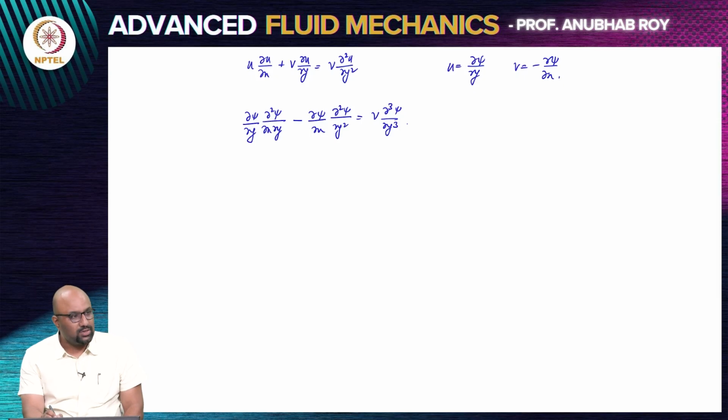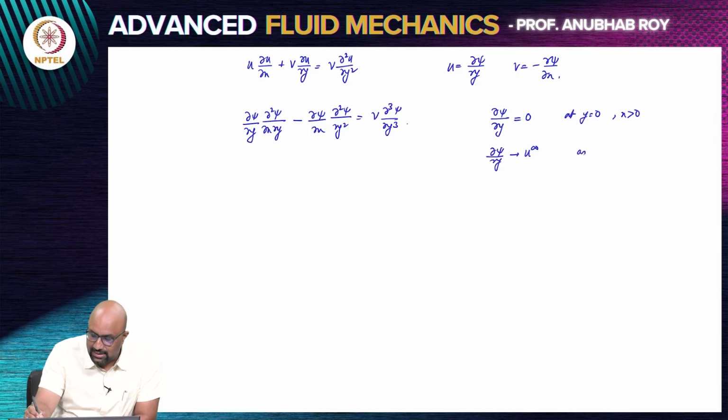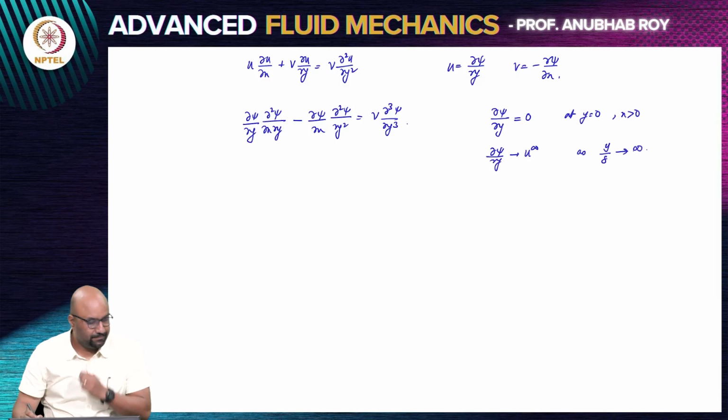Now one boundary condition was u is equal to 0 at the plate, u is equal to u infinity far away, which means dou psi dou y is equal to 0 at y equals 0 for all positive x, because this is a semi-infinite plate, and dou psi dou y will approach u infinity as y by delta goes to infinity.